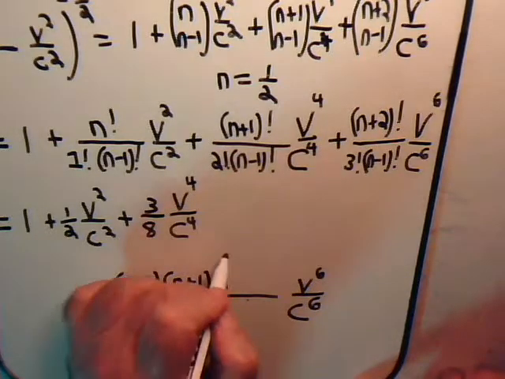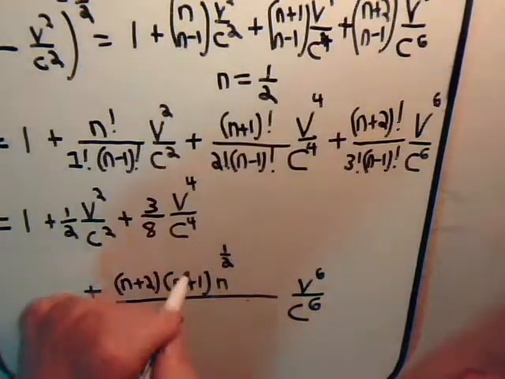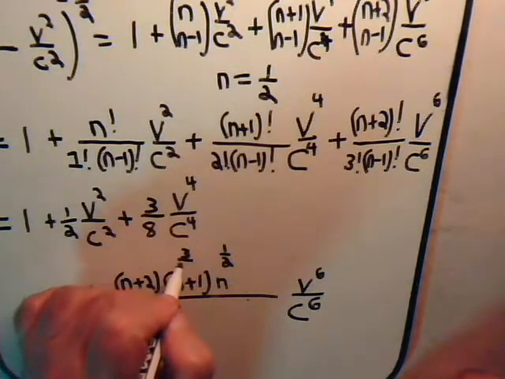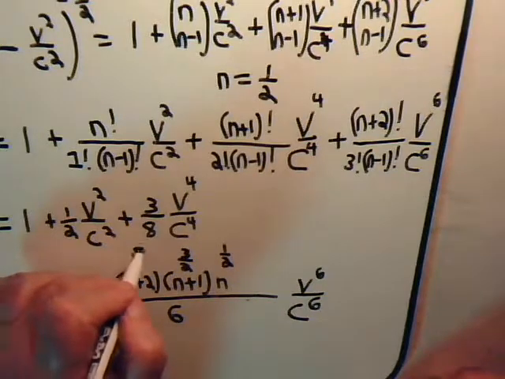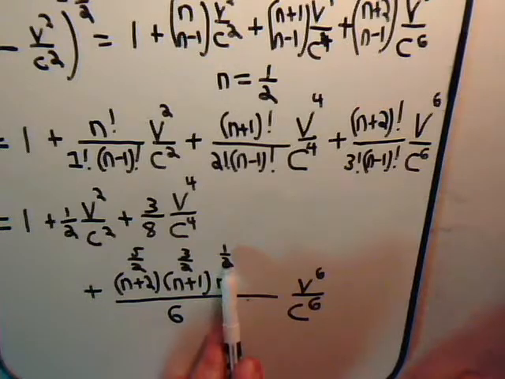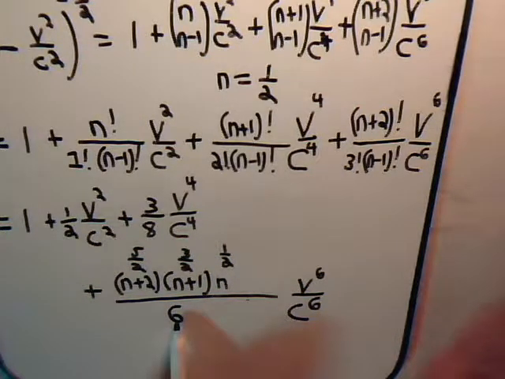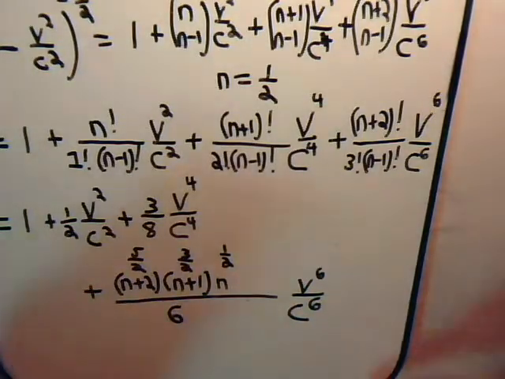And 1/2 times 3/2 times 5/2. That is 15 over 8, divided by 6.